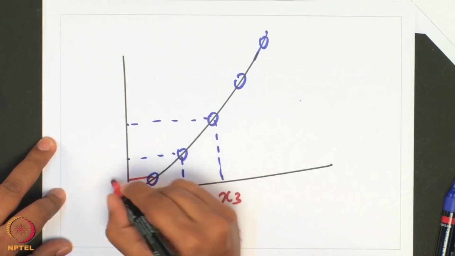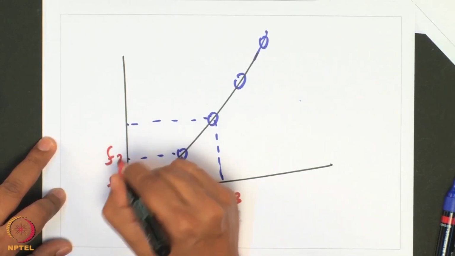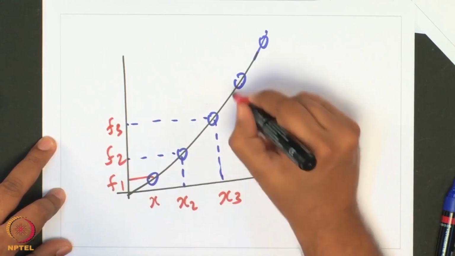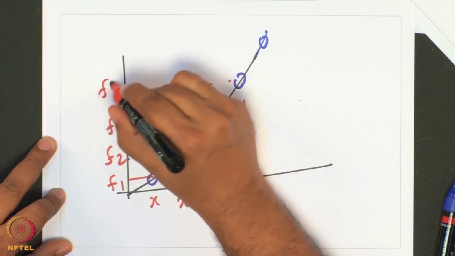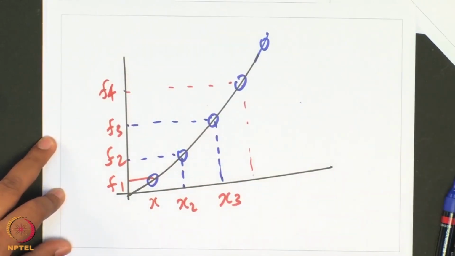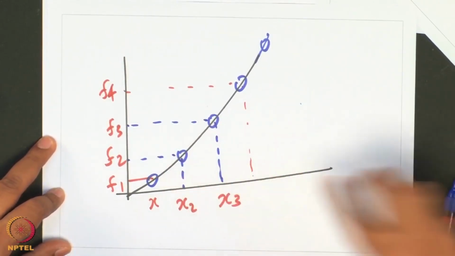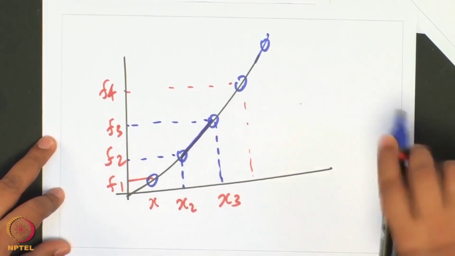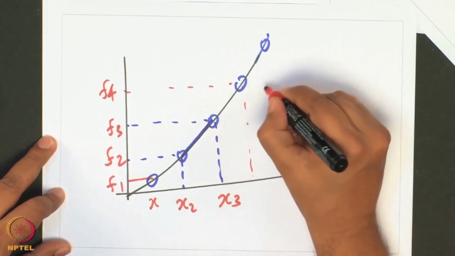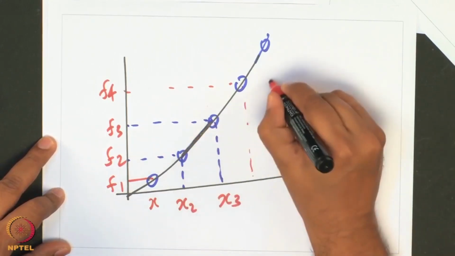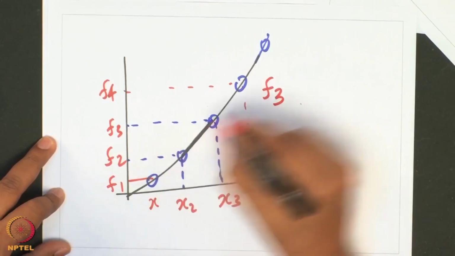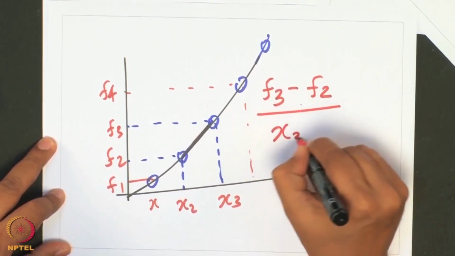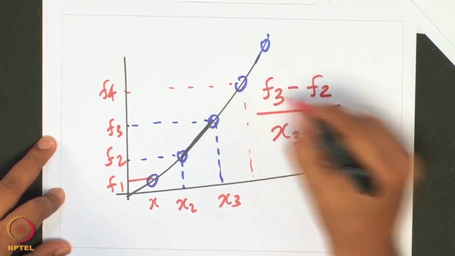Correspondingly, you have here f1, f2, f3, and of course f4. Now, if I calculate the slope here, which is f3 minus f2 divided by x3 minus x2, this is a slope.